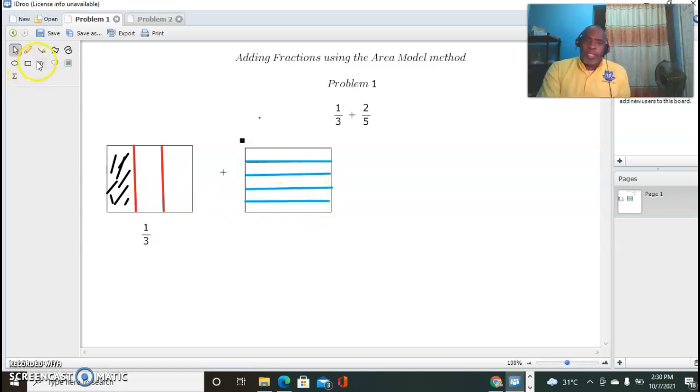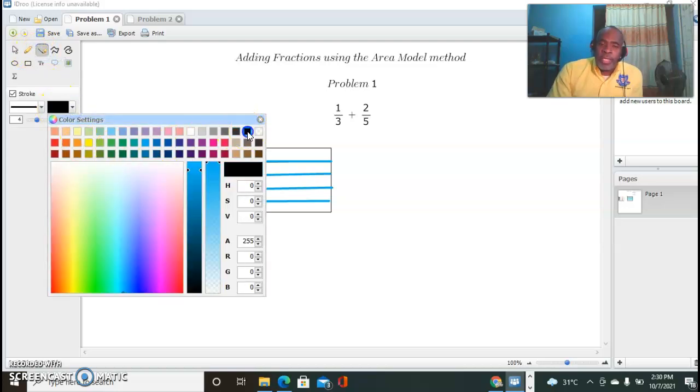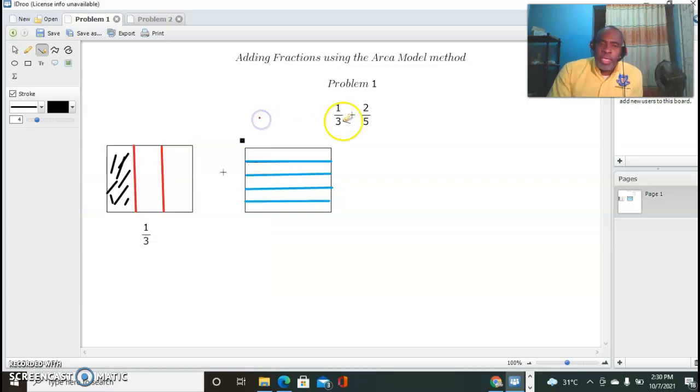Now how many parts am I going to shade? I'm going to shade 2 parts out of 5. So let's shade 2 parts out of 5. And then I'm going to label it.